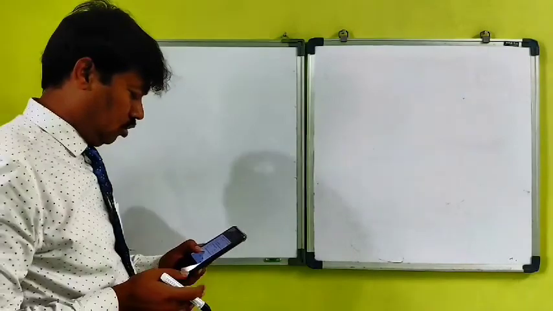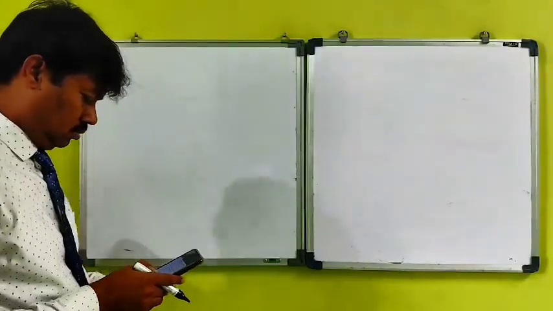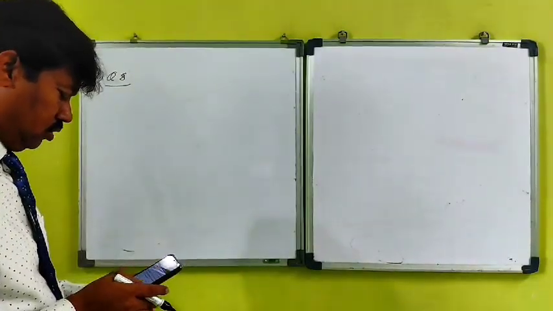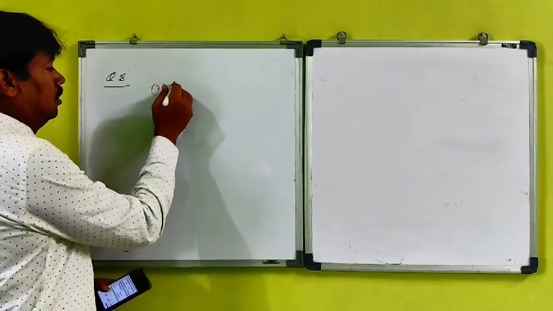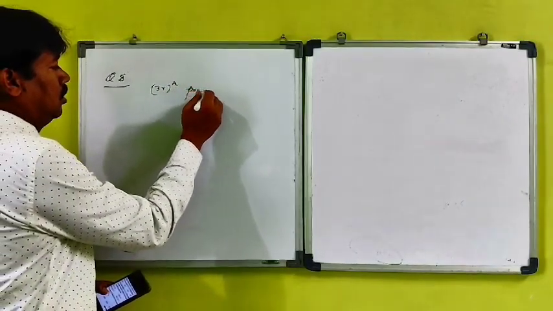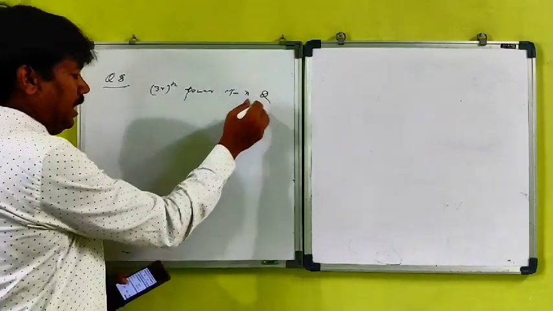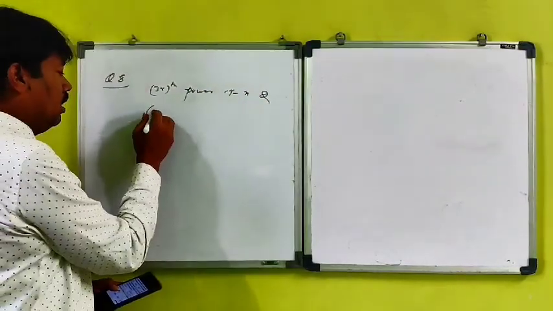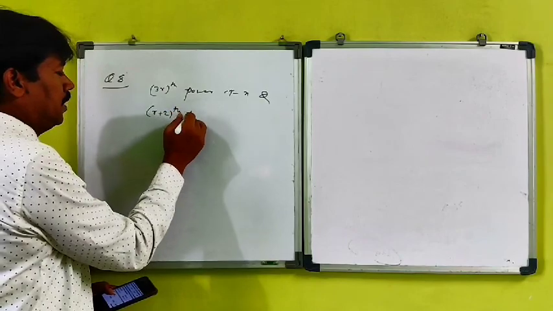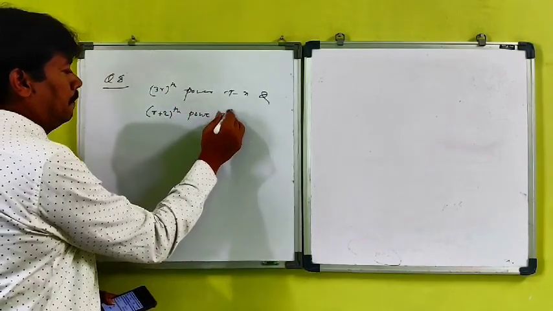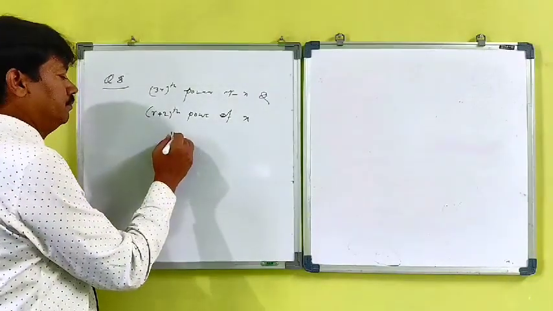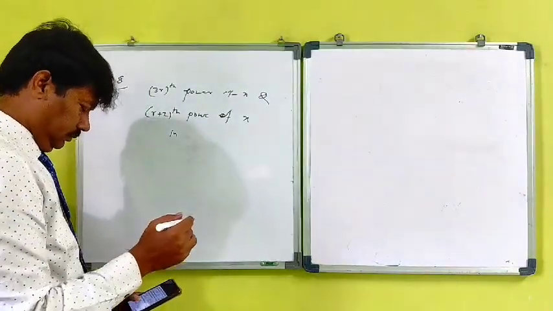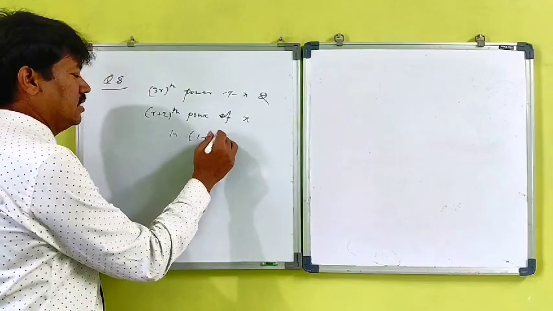The coefficient of the 3rth power of x and r plus 2th power of x. Coefficients are equal in (1 plus x) raised to 2n.